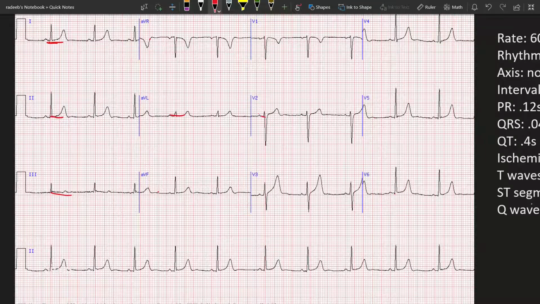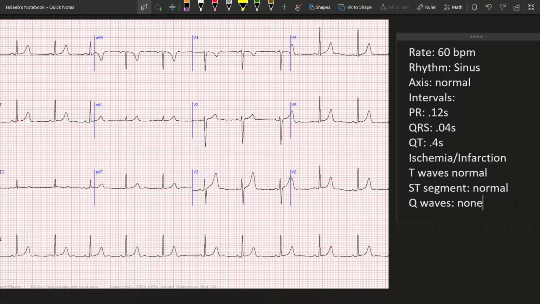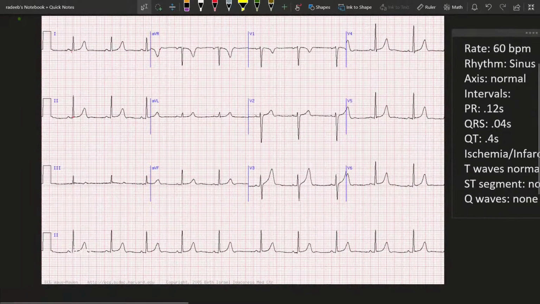And you could see a slight one here, a little notch there and there, but those aren't significant in terms of the one box wide and one box deep. So I don't see any Q waves, I don't see any significant ST segment elevations, and I don't see any T wave abnormalities. So I'm going to say none here. So this EKG looks pretty normal to me.